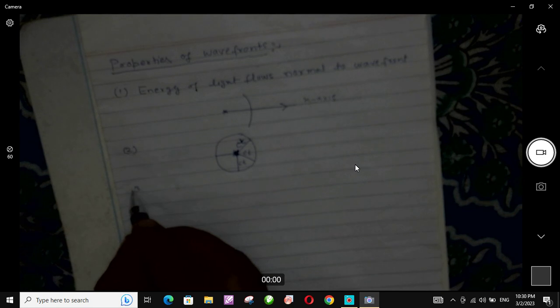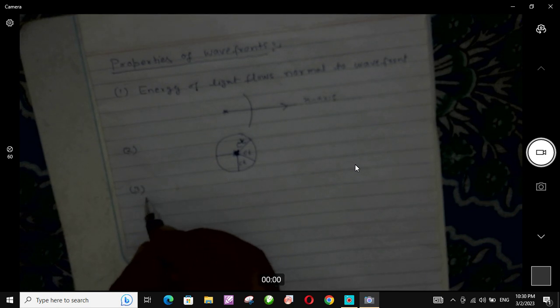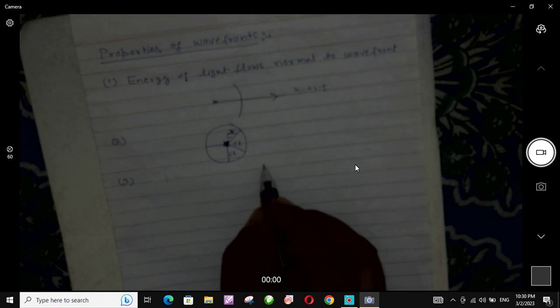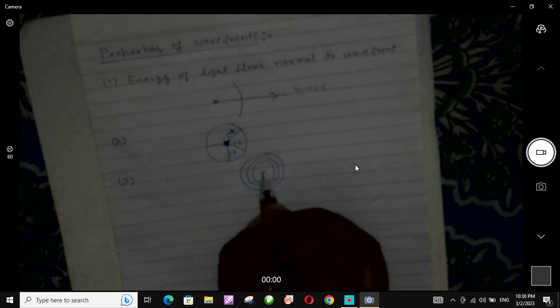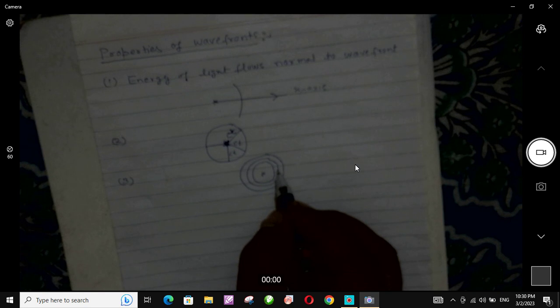Now we will talk about the third property. According to the third property, spacing between different wavefronts. So if we make a large number of wavefronts due to a point source of light, all these wavefronts will be spherical, and these wavefronts are made according to time.